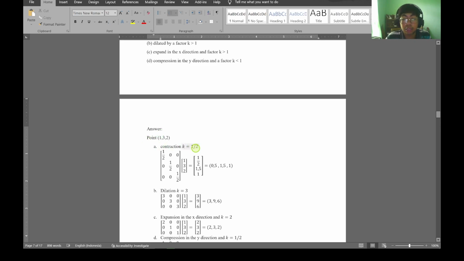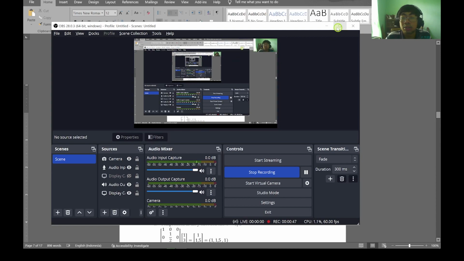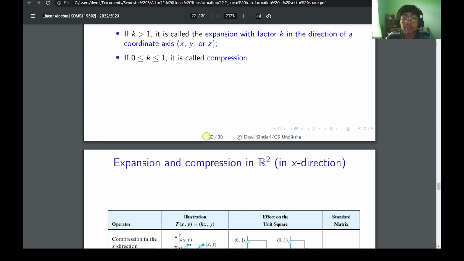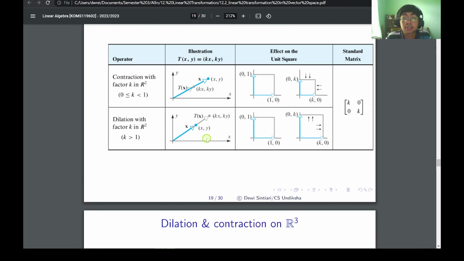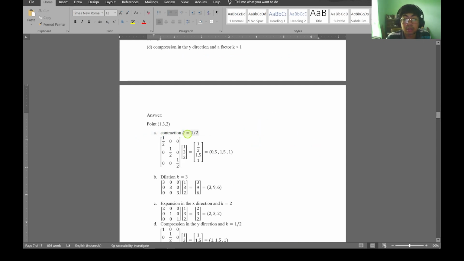So the contraction k is equal to a half, because a half is under 1. Sorry, this is the standard matrix of contraction in R3, with diagonal k. So k is a half, and then we multiply it.